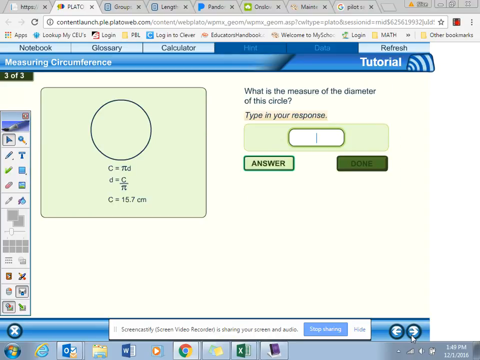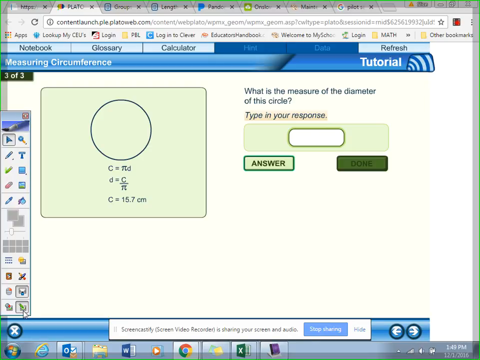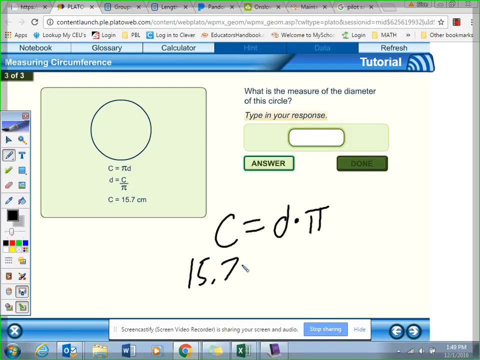Okay? So now, what's the measure of the diameter of this circle? The reason why they did that was to show you that you can work your way to the diameter. So here, we always want to start out with getting the habit of writing the equation out first. D times pi. What part of this do we know? Do we know the c, the d, or the pi? There you go. So we're just plugging that in. Good job, Eddie. So here, 15.7 is equal to d times pi.